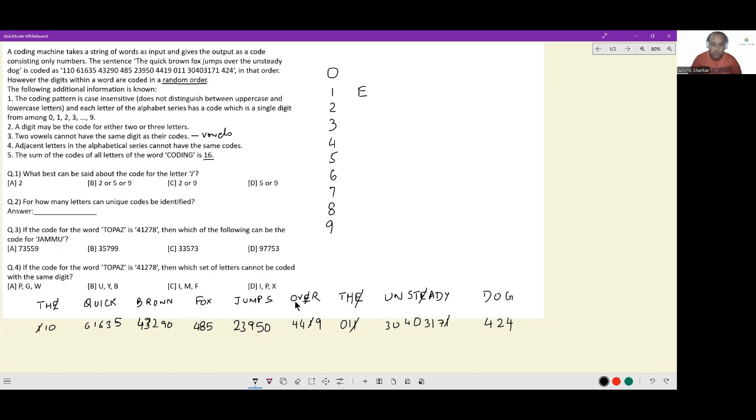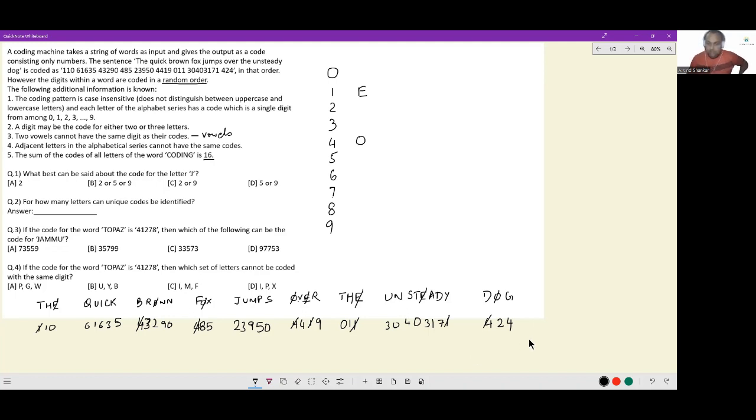Can you see OVER 449 and FOX 485? The number that is common and the letter that is common is O. So O has to be 4, so I can get rid of O, 4 everywhere. This is also gone.